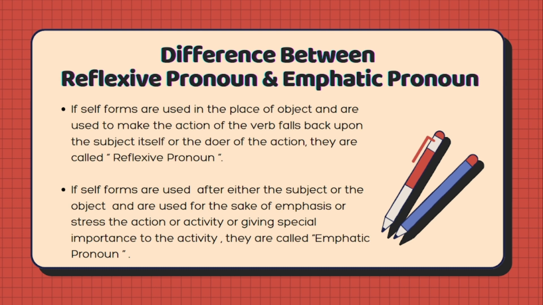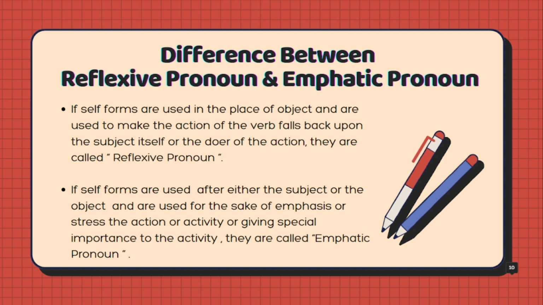Next one. If self forms are used after either the subject or the object and are used for the sake of emphasis, to stress the action or activity, or to give special importance to the activity, they are called emphatic pronouns.